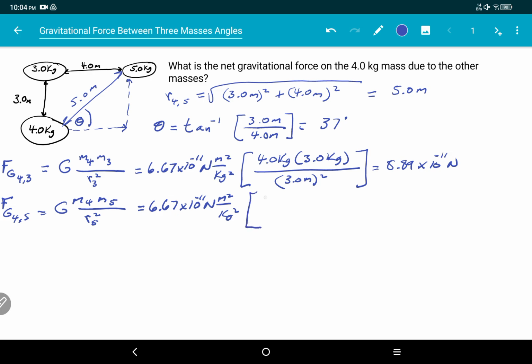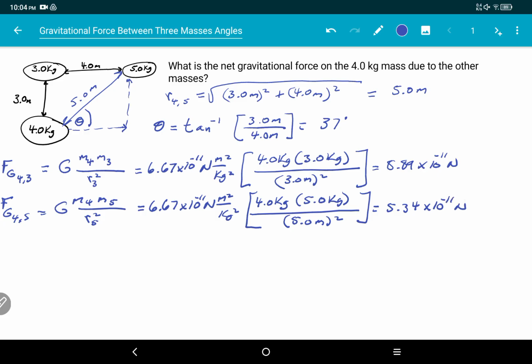See, we get caught up in our forces of gravity, but this is the universal gravitational force. Then 4.0 kilograms times 5.0 kilograms, all over 5.0 meters squared, and this is going to be 5.34 times 10 to the negative 11 newtons.